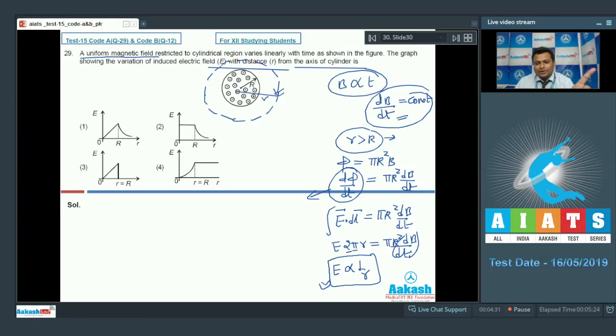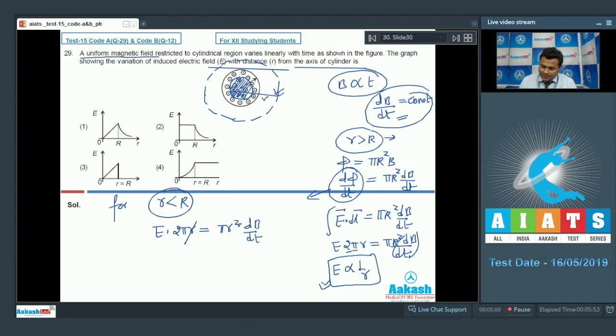Now let's talk about inward points, inside points. For small r less than capital R, in those cases the same thing, we can write E dot, this time 2 pi small r will be what? Flux will be what? Pi small r square, means this much only, into dB by dt.